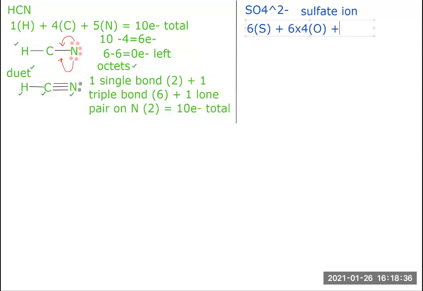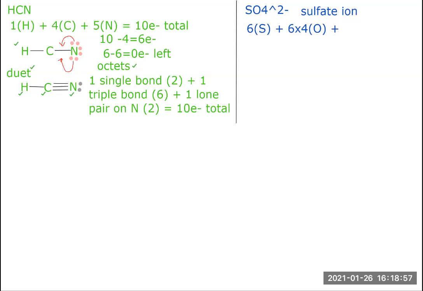Plus, this is a polyatomic ion, right? We see how we have 2 negative charges here. Those 2 negative charges mean you have 2 electrons in excess, 2 electrons that are not cancelled by protons. So you need to add them to the total.